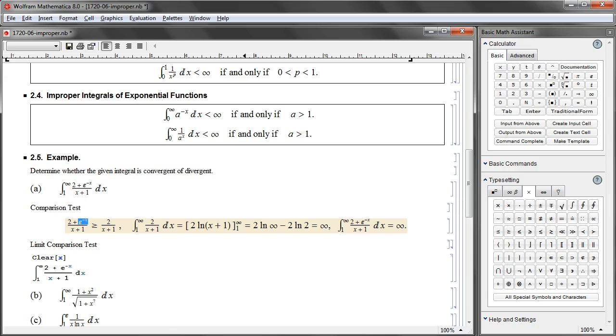Then we just reduced my function like this. An even smaller function diverges if you take the integral, as this computation shows. Consequently, the bigger function must generate infinity as well by the comparison test. It works out great.